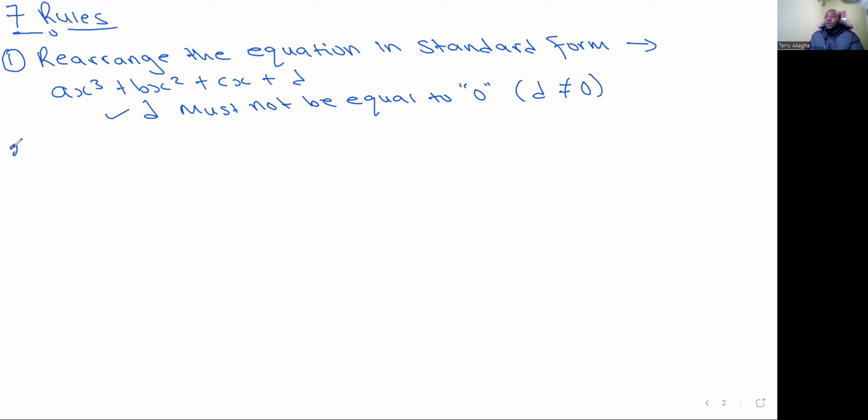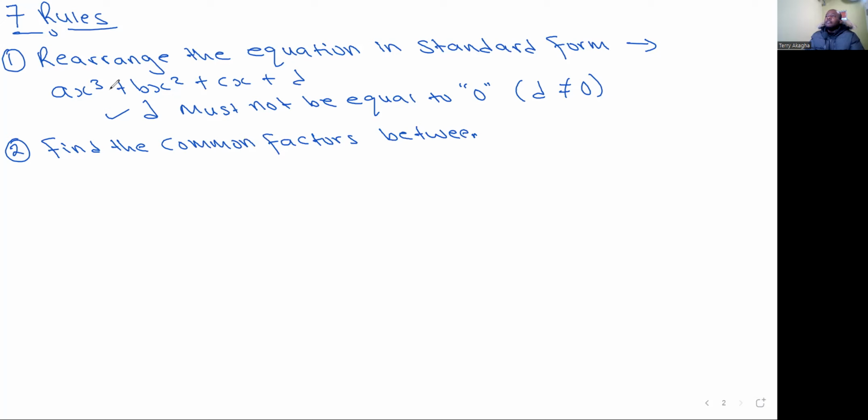Now, number 2 is that after that, you then have to find the common factors. Remember, we now have it as ax cubed, bx squared, and we have cx plus d.